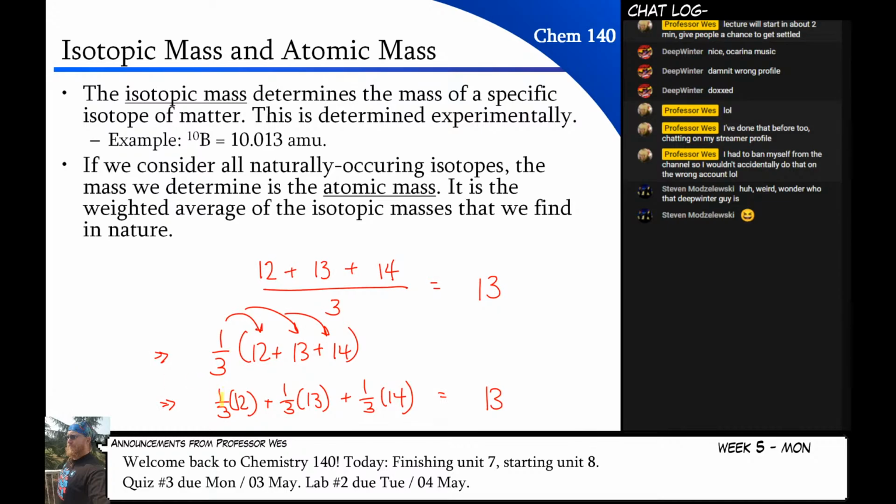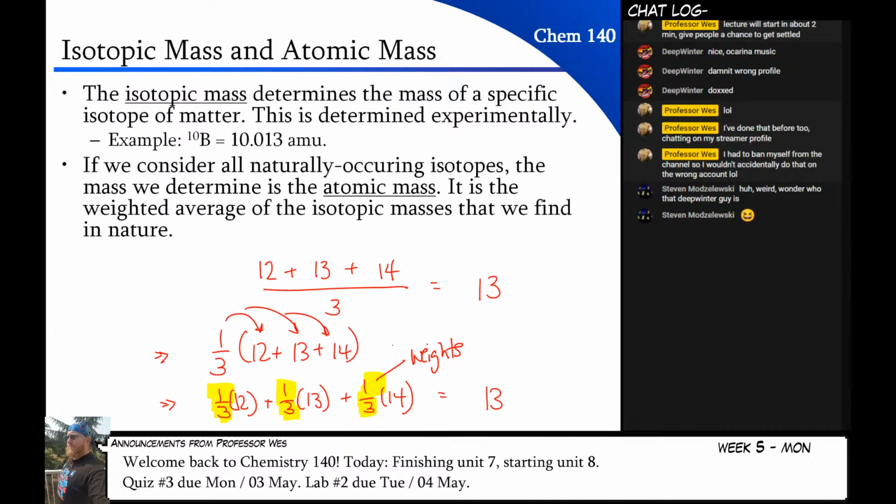These fractions that are in the front, these are our weights. And so what this is saying is that the average mass of all of our atoms would be 13 if and only if our sample was 1/3 carbon-12, 1/3 carbon-13, and 1/3 carbon-14. But that's not true. We don't have a third carbon-12. We have like 99% carbon-12, 1% carbon-13, and essentially nothing of carbon-14.